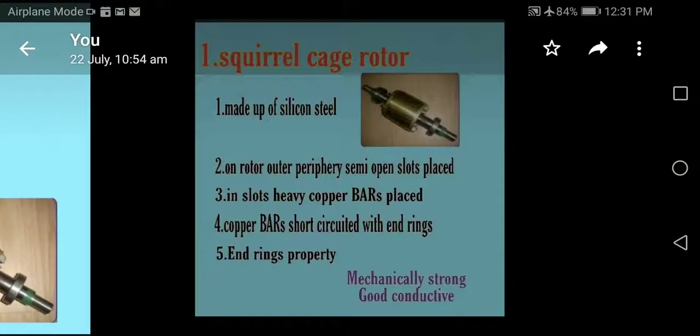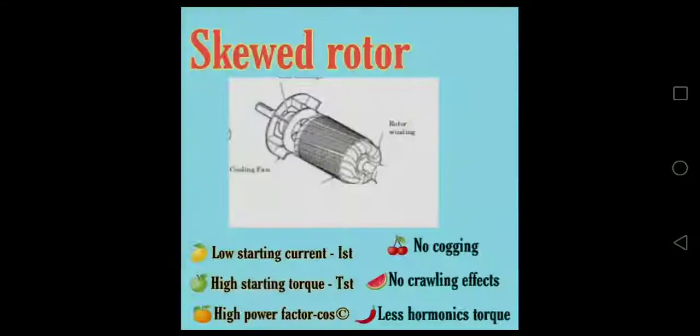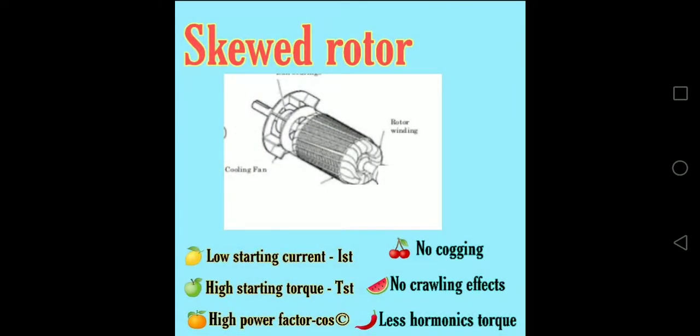If copper bar lengths are more, then that is the skewed rotor method. In a skewed rotor, the copper bars are inclined to the shaft, so the effective length of the copper bars is high.